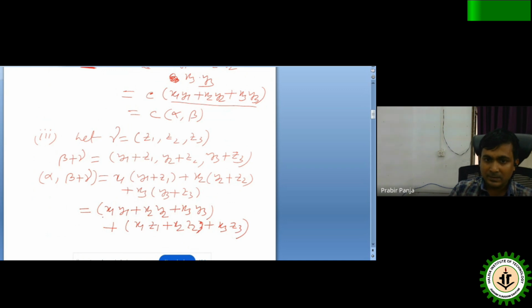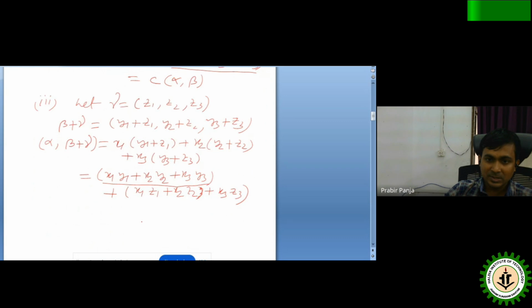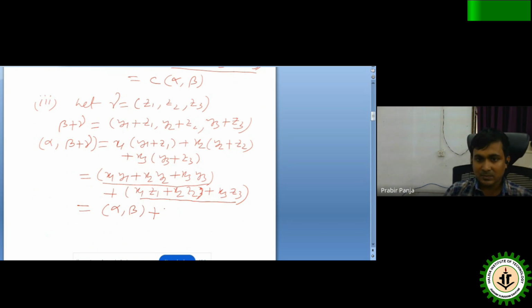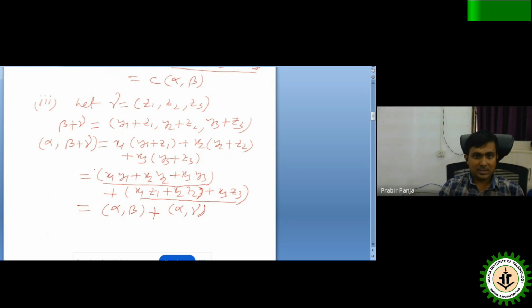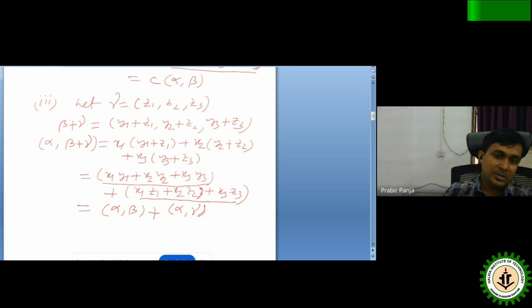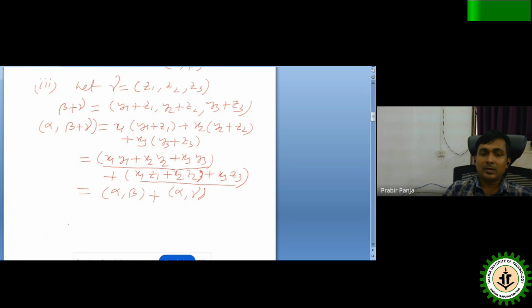Now, this is nothing but the inner product between alpha and beta. Plus, the second expression is the inner product between alpha and gamma. So we can see that the inner product between alpha comma beta plus gamma becomes alpha beta inner product plus alpha gamma inner product. So we can say the condition number 3 is also satisfied.